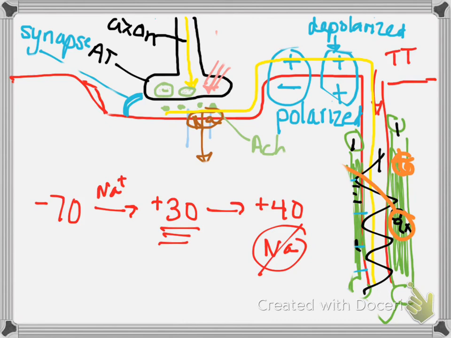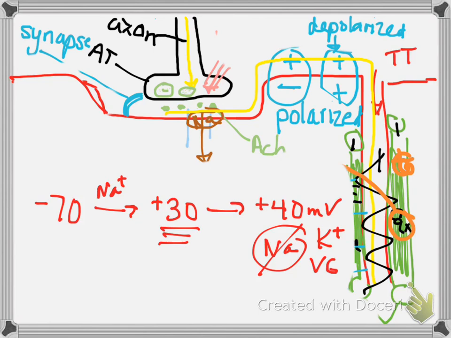And now we need to go back to that polarized state. What is the polarized state for a cell? What is the charge supposed to be on the inside? Negative. So thanks to the sodium-potassium pump, what ion do we have that exists in a really high concentration on the inside of the cell? Potassium. So when the inside of the cell becomes positive 40 millivolts, potassium voltage-gated channels open.